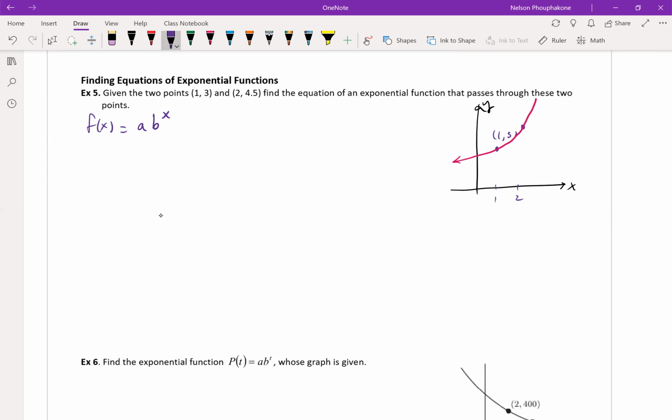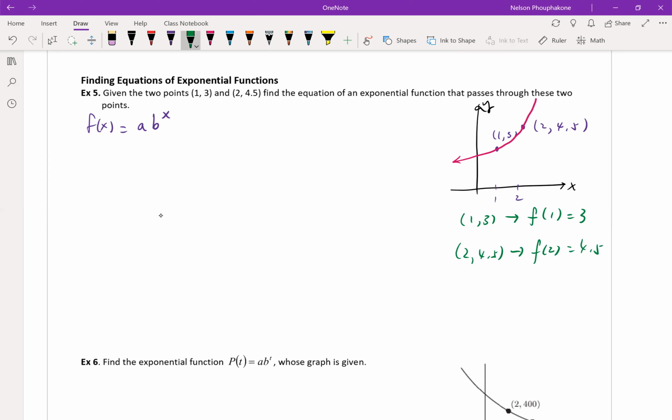Then we have to go back to our really first section, 1.1. We know that (1, 3) basically means f(1) = 3, right? The input is 1, the output is 3. Same thing with (2, 4.5), which means f(2) = 4.5.